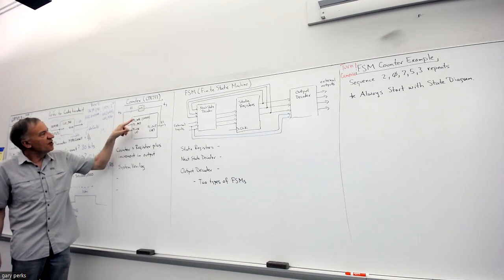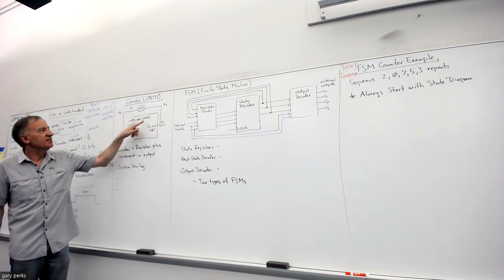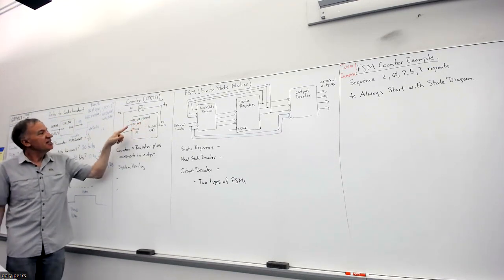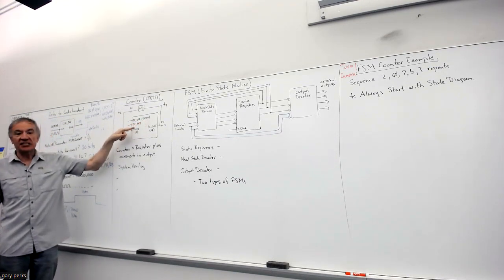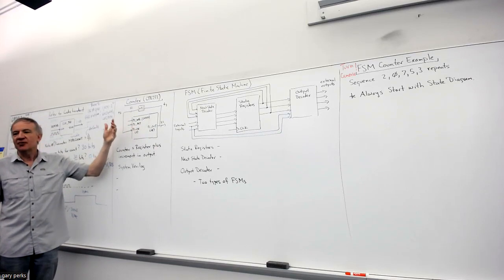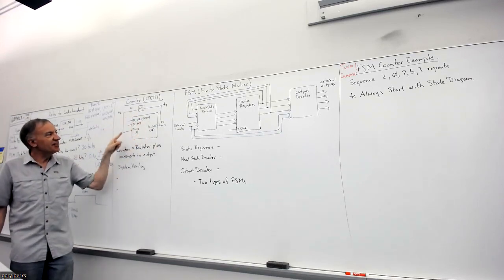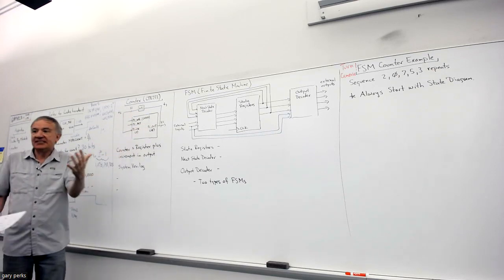PCWR, where WR stands for write, is just like enable of a register. And PCRST is reset, which is also just like reset of a register. So a big part of the counter is that it's the same as a register.